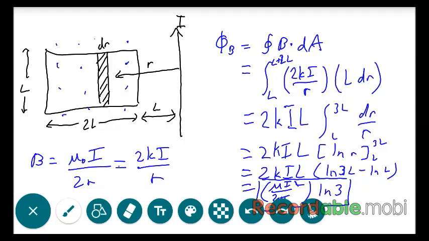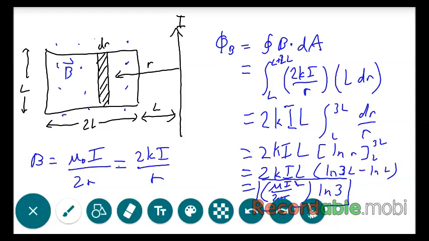Okay, but in part B, it says that the current in the long wire decreases from 10 amps to 2 amps. So the magnitude of the magnetic field that it creates also decreases. So this magnetic field right here is going to be decreasing.